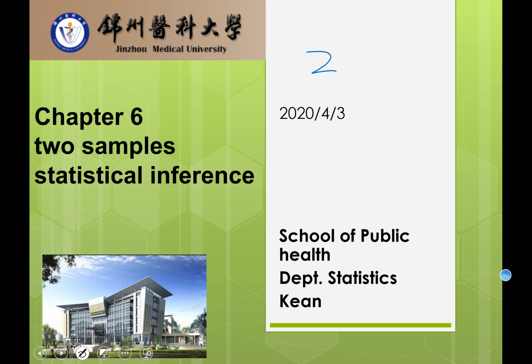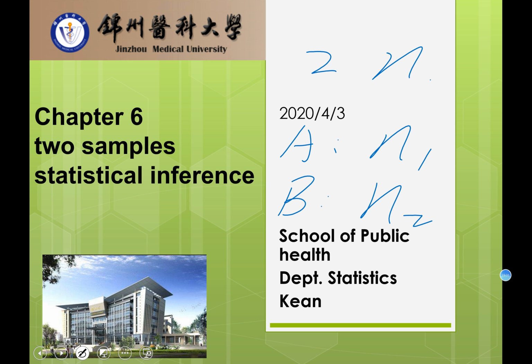Yes, so you will find two sample sizes, two little n. One is for sample A, we call it n1, and the other is from sample B, we call it n2. So you can find two numbers of sample size.